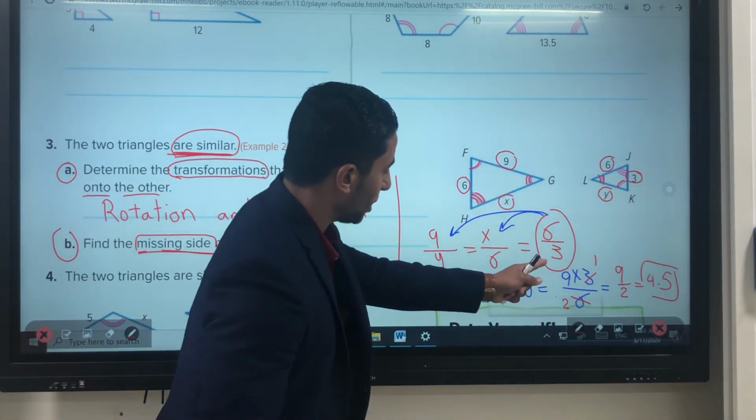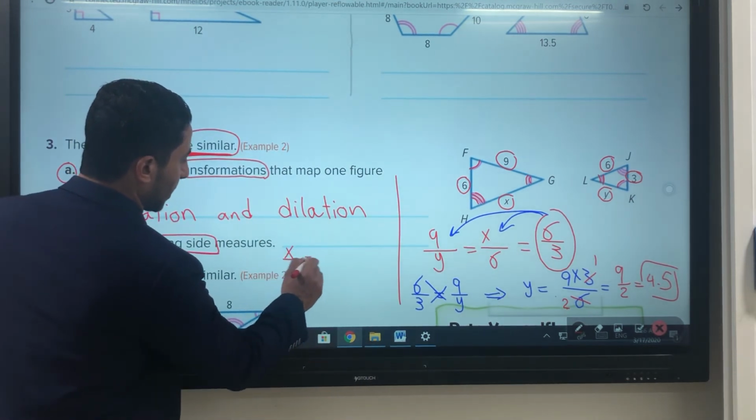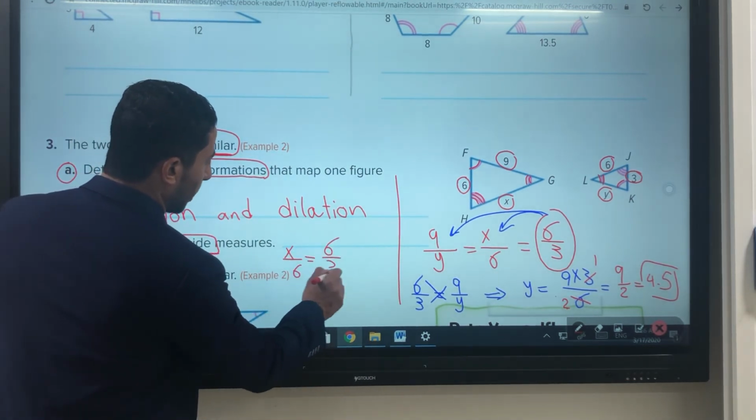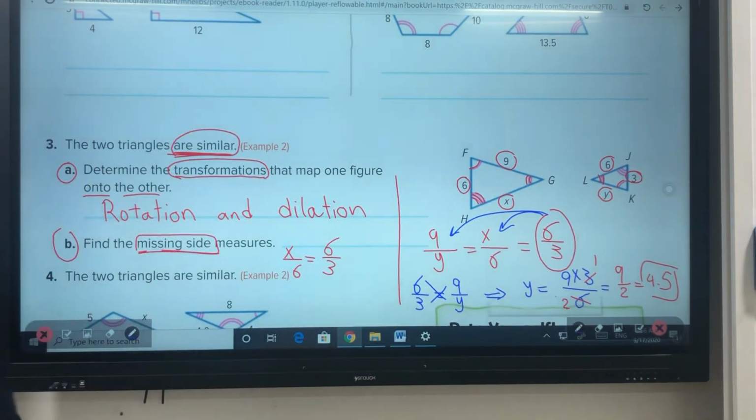Use this fraction with this. So x out of 6 equals 6 out of 3. And the cross multiplication also. I'll give you 1 minute to complete it.